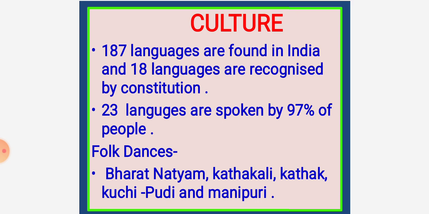Due to this variety, India is called the land of diversity. Even folk dances are different, and various dances are there in India like Bharatnatyam, Kathakali, Kathak, Kuchipudi and Manipuri.